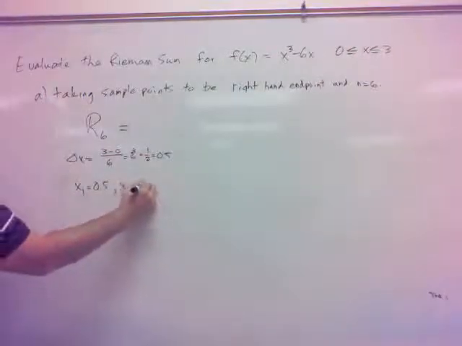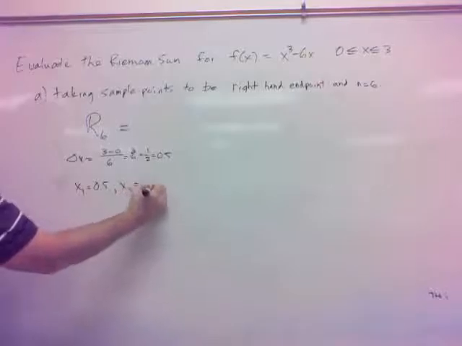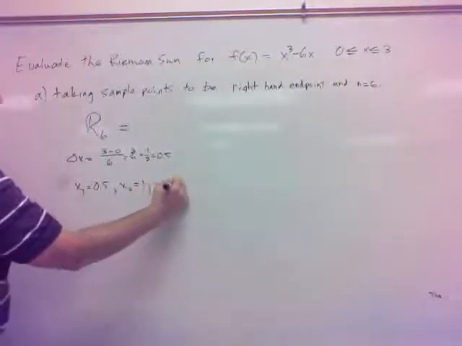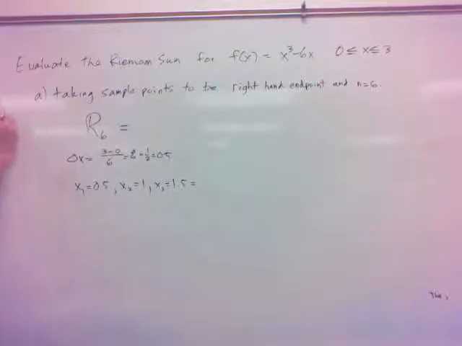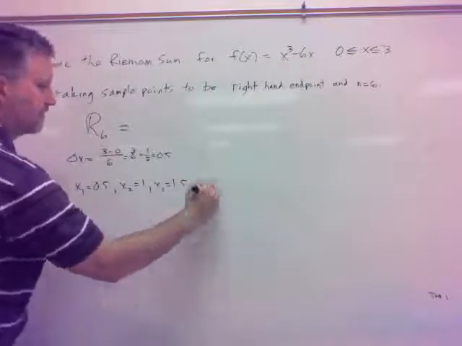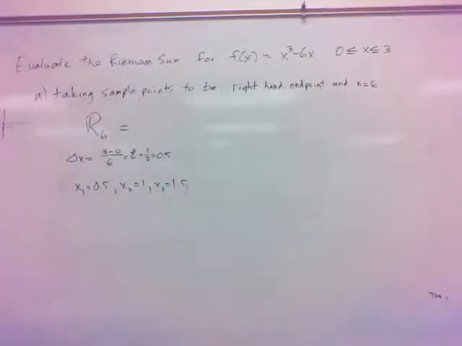x2 would be 0.5 plus that, we've 1. Is everybody with me on that? Yeah, x1, see I'm starting at 0, then I'm going in half increments. So x1 would be a half, that's what I'm saying. Then x2 would be 1. So on and so forth. Okay? So what's R6?